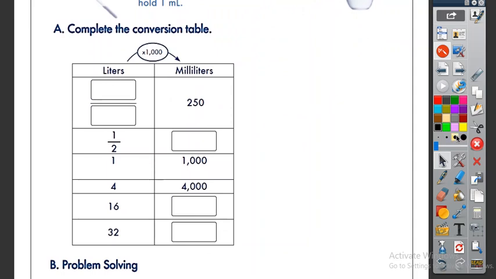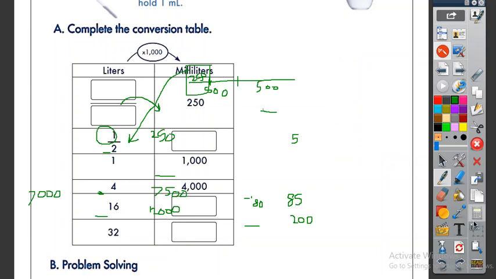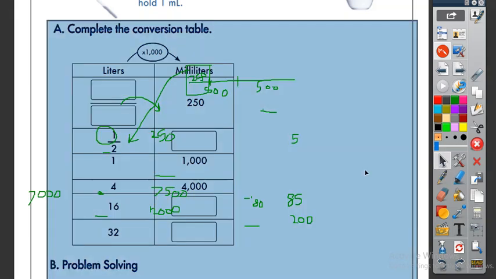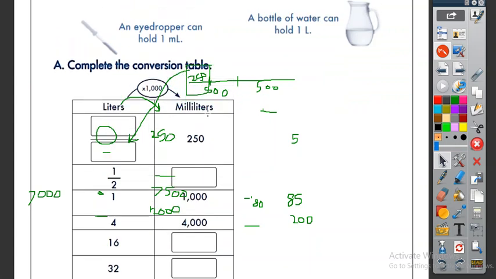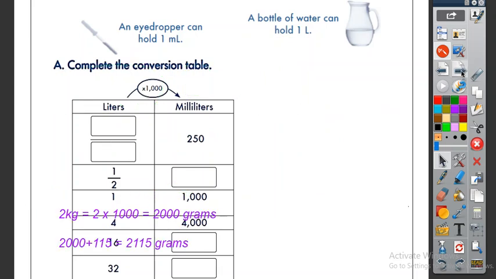Okay, what are you gonna multiply the 1000 by to get 250? Well, we just did that here. We said, what was the fraction that you multiplied by to have the 250? Yes, it was 1 over 4. Remember how to do this.